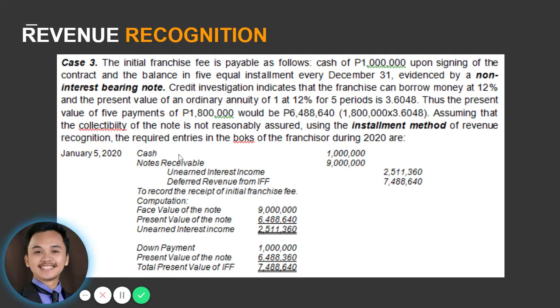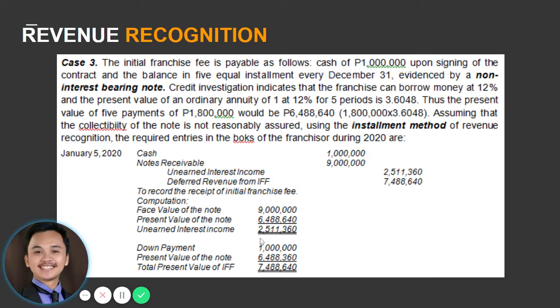Okay? So first, debit to cash for 1 million for the down payment. Debit to notes receivable also for the balance of 9 million, because the total initial franchise fee is 10 million minus the down payment of 1 million, therefore the balance will be 9 million. And your deferred revenue from IFF. Okay, this time, how did we come up with the deferred revenue? First, guys, we need to compute our unearned interest income.